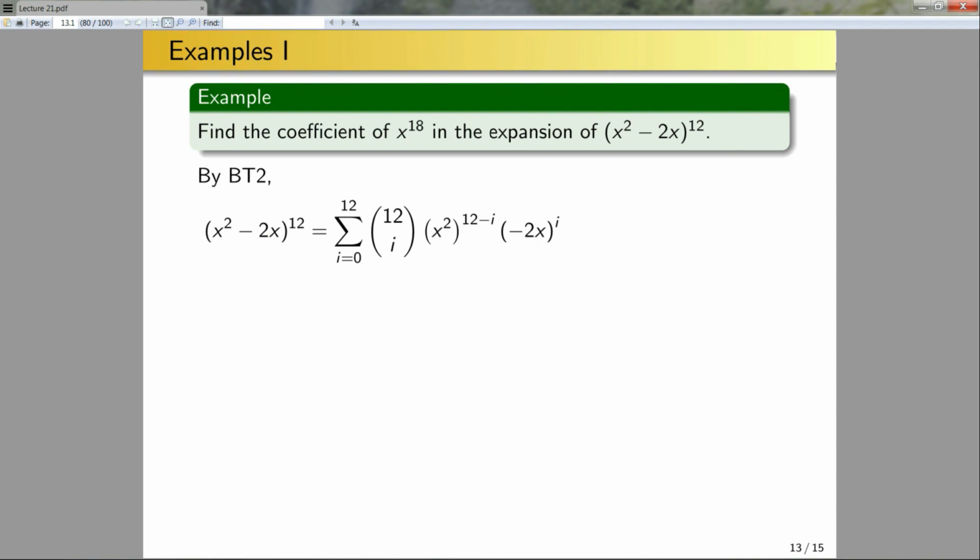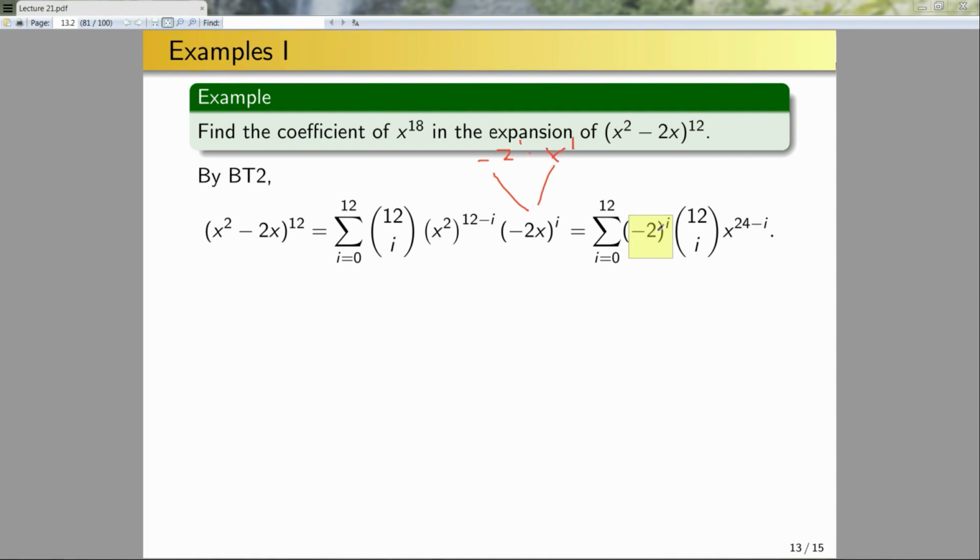This can be further simplified just by doing some algebra. Explicitly here, this minus 2 to the i I can pull out front, and that will give me a remainder here of x to the i. So I get minus 2 to the i times x to the i.